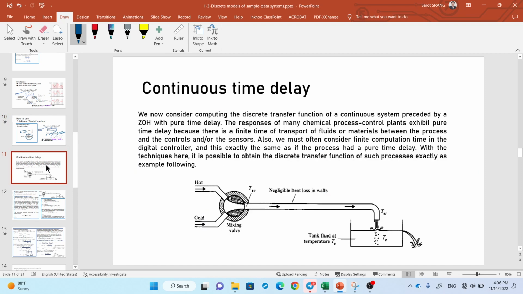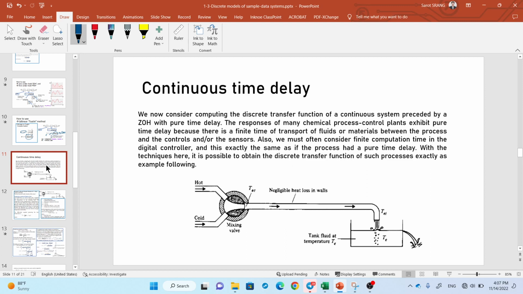Okay, the next part is about continuous time delay. In the previous example, you already learned that we consider the time delay to be the same as the sample time, but in some cases, in a real application, the delay can be any finite time, and it doesn't have to be a multiple of the sample time, right?